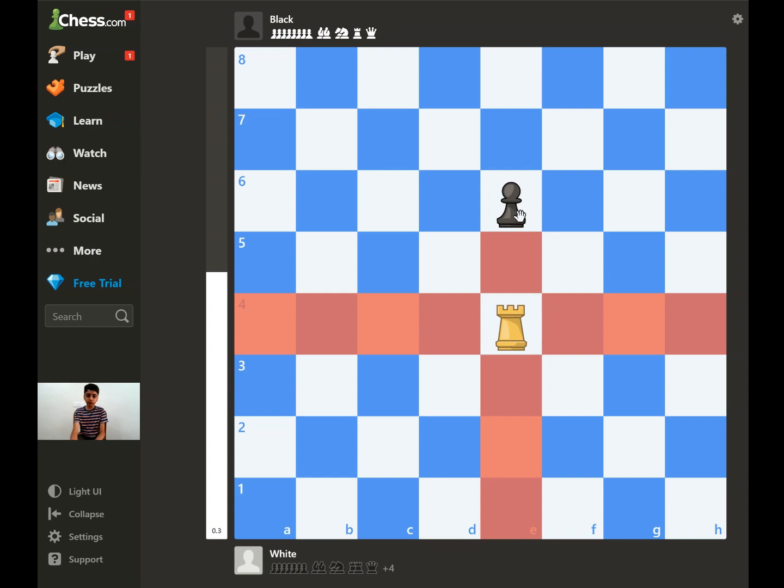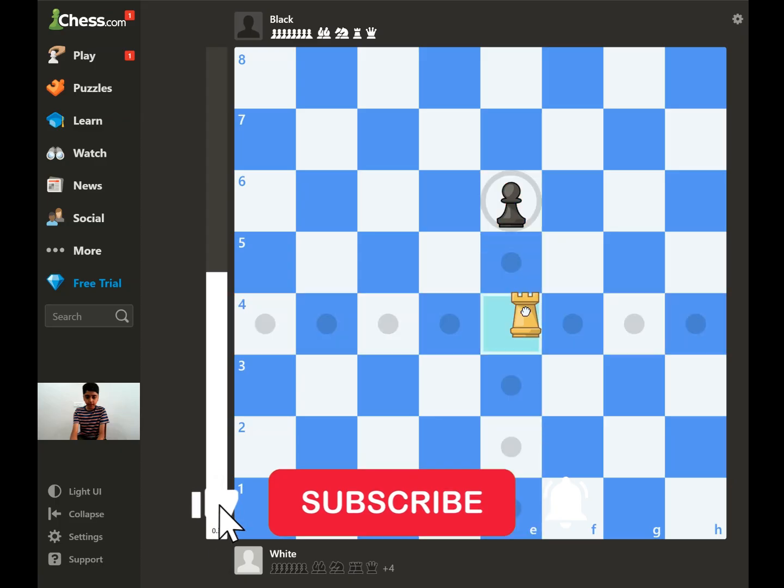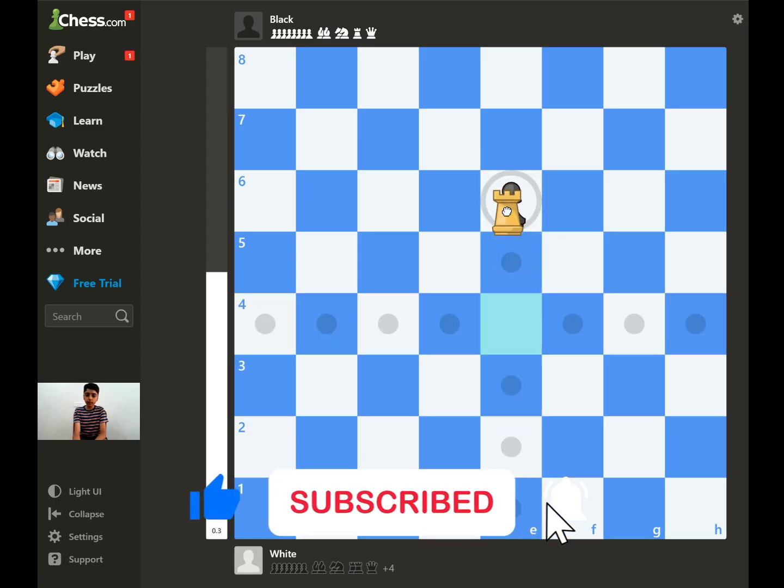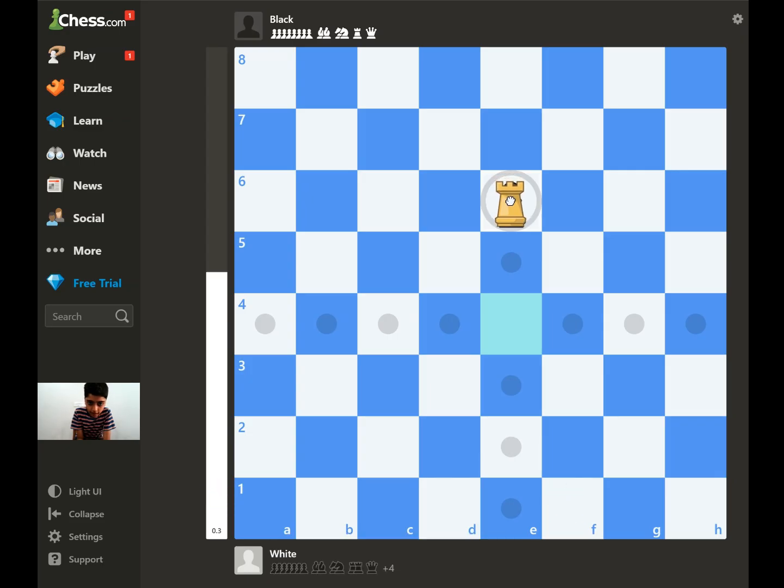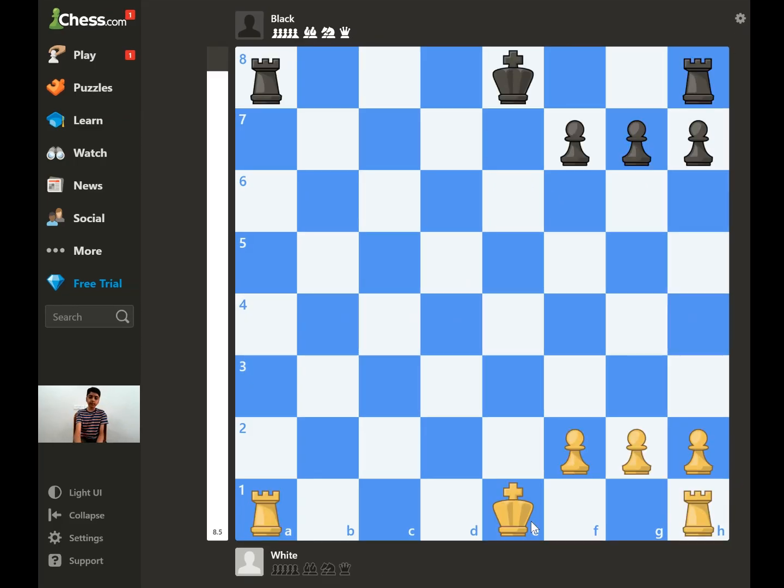It can capture this pawn though, by moving towards the pawn square and landing on top of it, and the pawn gets off the board. Simple chess.